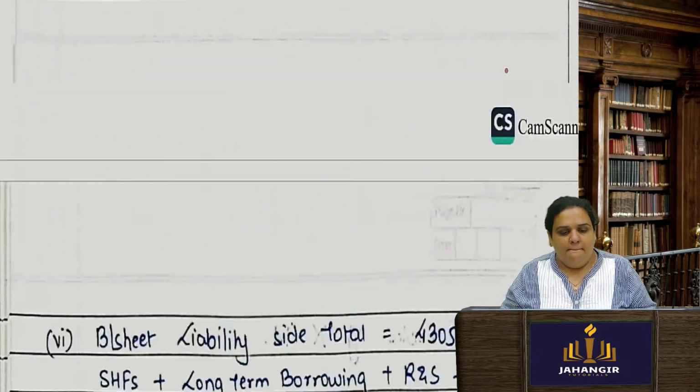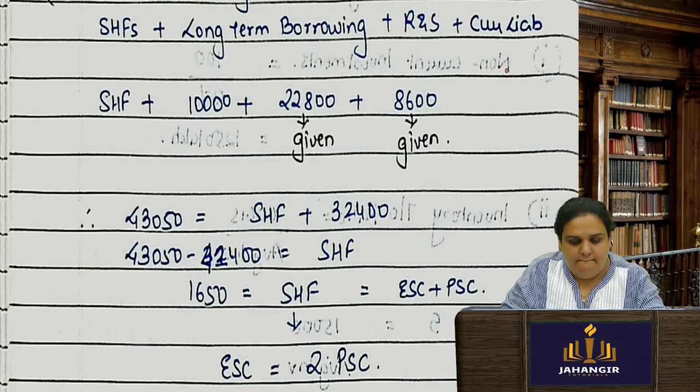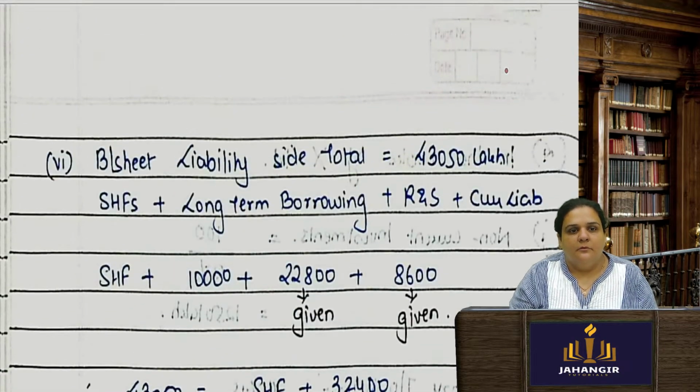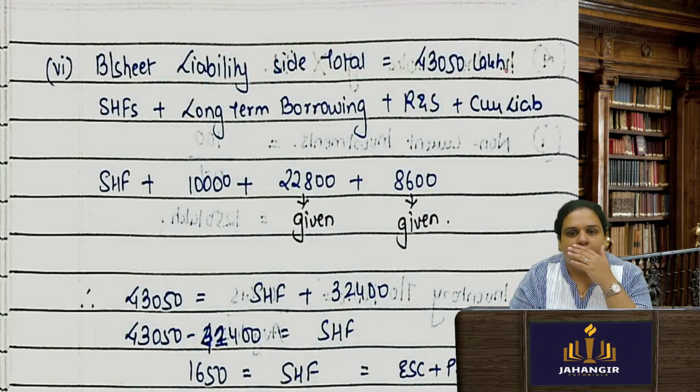See? Equity share capital. The balance sheet liability side total also has to be this. That will be what? Your owners' capital, own funds, not shareholders funds. I will say owners' capital.